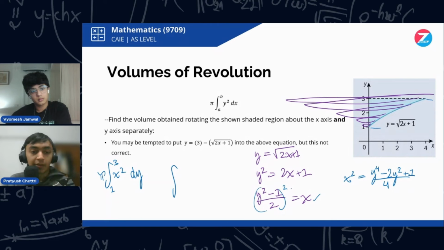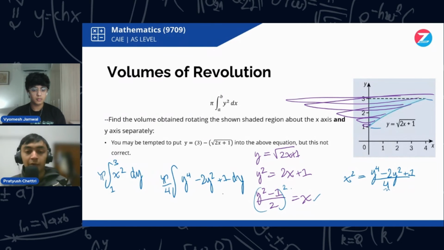So my integral would be pi. I can put the by 4 outside actually, since it's a constant. Y power 4 minus 2y squared plus 1 dy, because we're working with the y-axis.